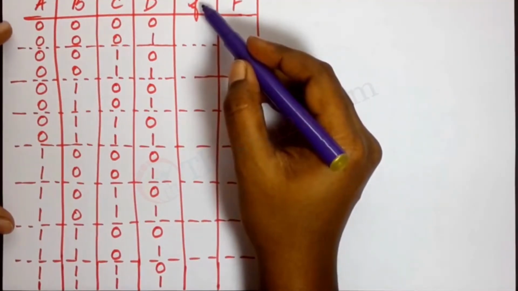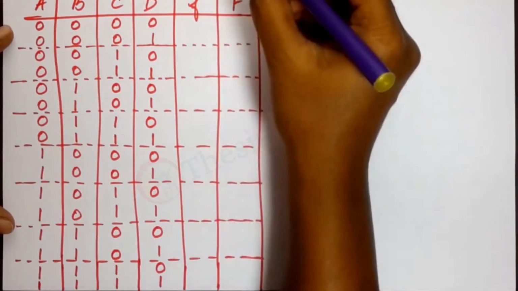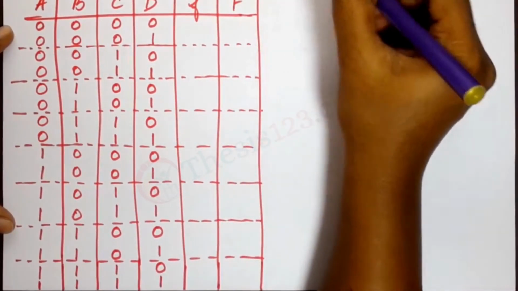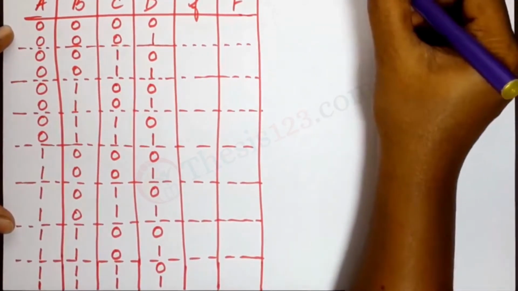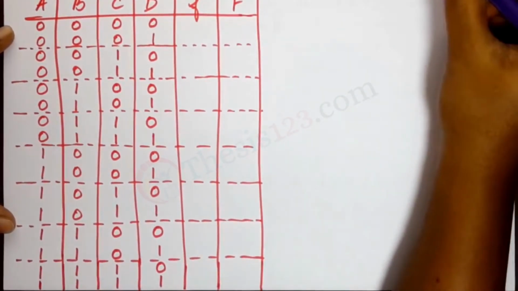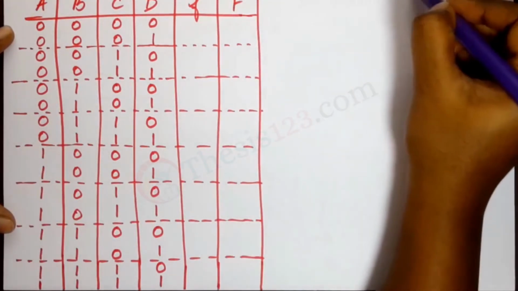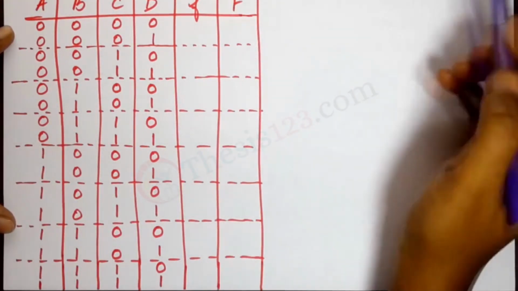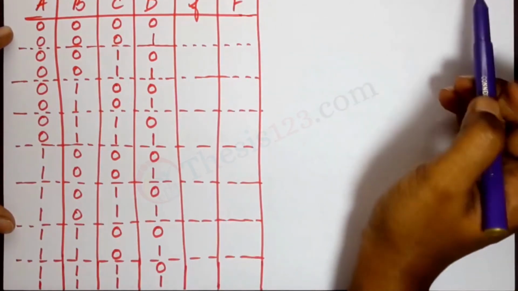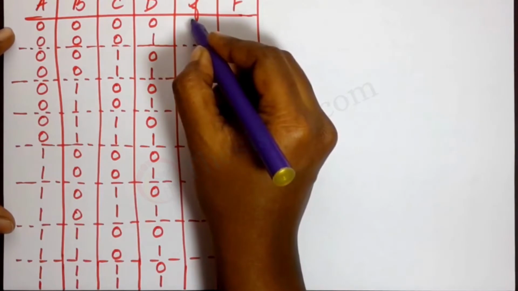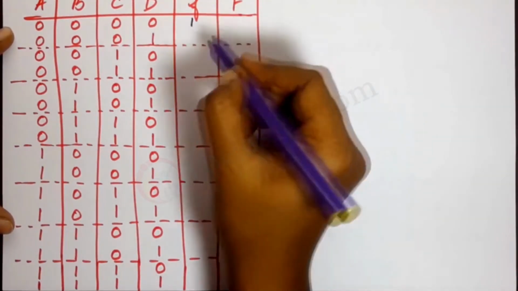Now this is the min-term expression. We had f equal to the values being 0, 2, 3, 4, 6, 7, 8, 9, 10, 11, 13 and 14. For all of these numbers, the value will be 1. So exactly there, let's put down 1.